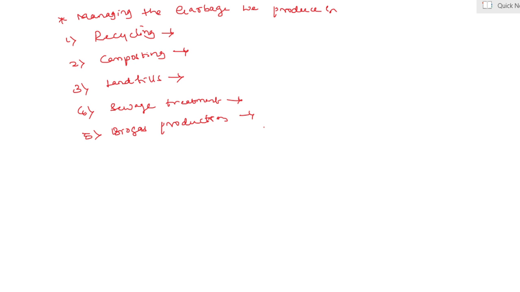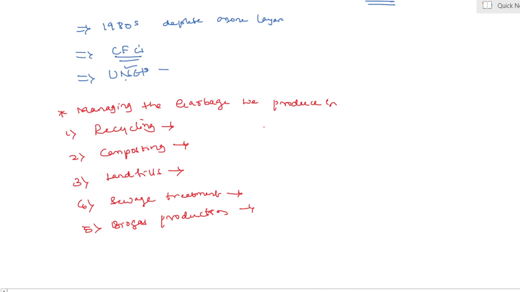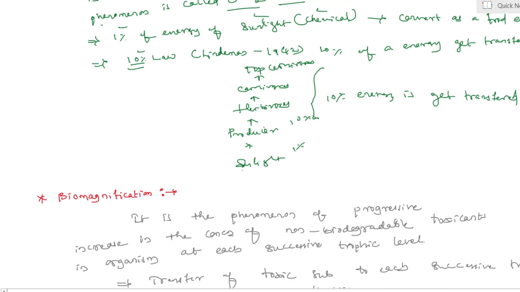Yes, my dear students, in this chapter we discussed the introductory part of our environment and afterward types of waste, that is, biodegradable and non-biodegradable substances. Afterward, what is meant by ecosystem and types of ecosystem. There are two types of ecosystem: natural ecosystem as well as artificial ecosystem.